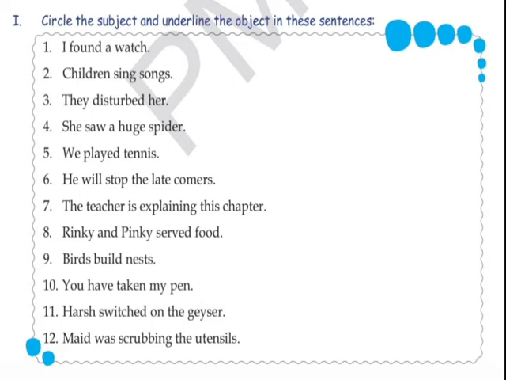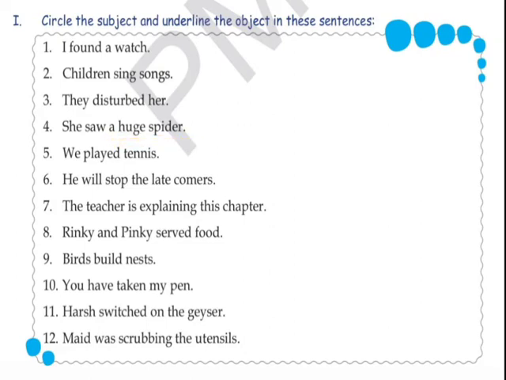Let's ask a question. Who saw a huge spider? She. So, she is subject. Now, let's ask again a question for finding object. She saw what? A huge spider. So, a huge spider is object.